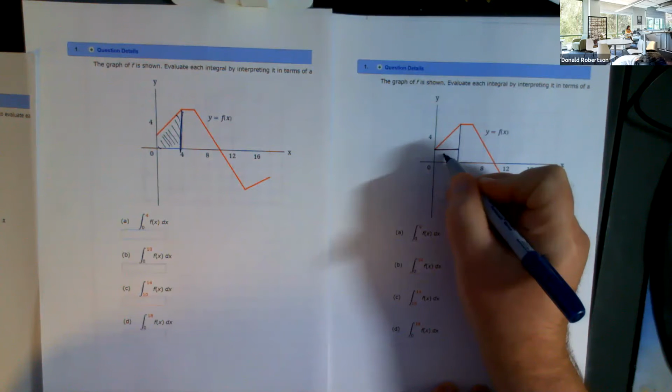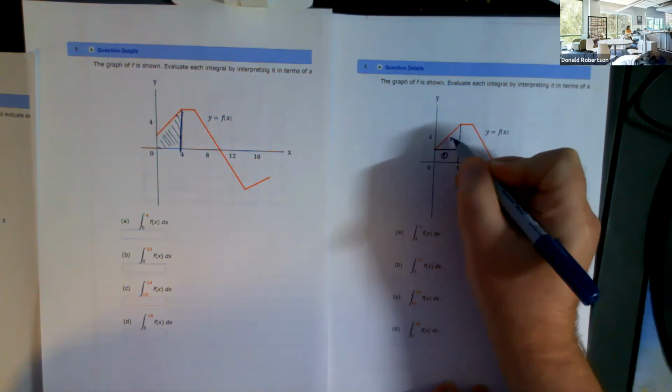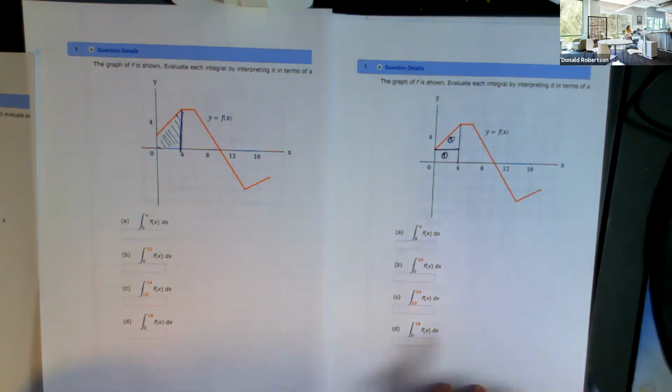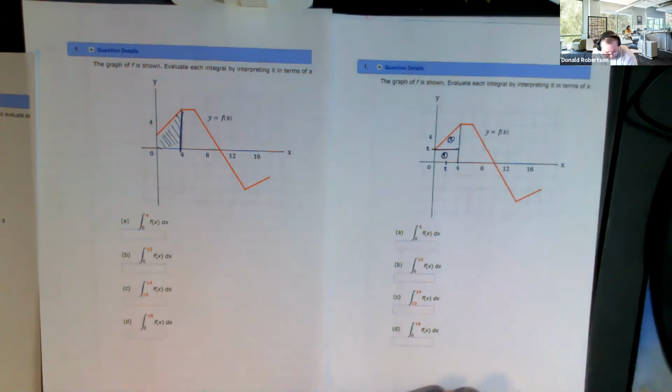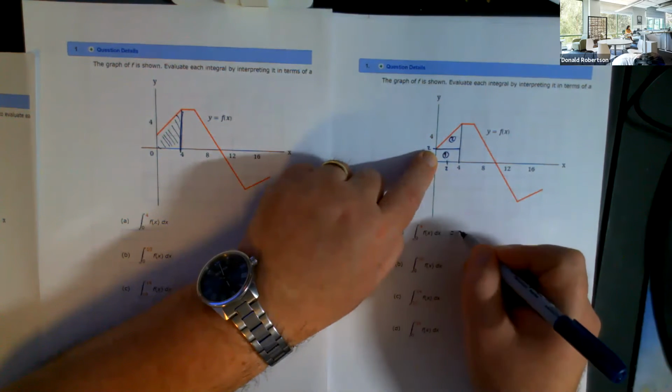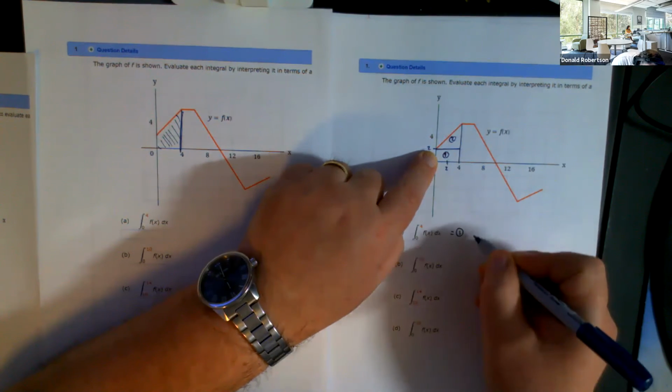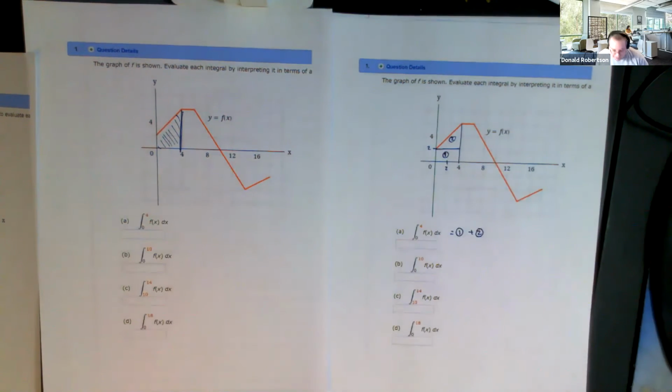I'm going to call this piece 1 and this piece 2. Now I'm going to add in the scales because I think it helps. Isn't this shape made up of a rectangle, which I'm calling 1, plus a triangle that's called 2?